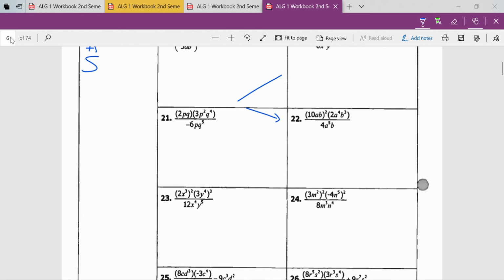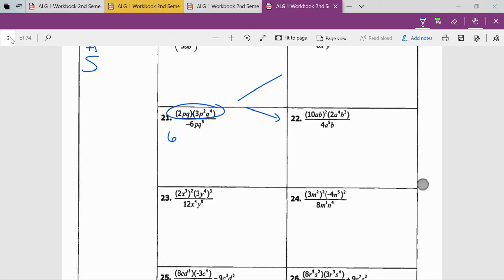So let's start. We're going to do order of operations. There are no exponents outside the parentheses here. So we're going to go straight to the numerator because it's multiplication. We're going to multiply before we divide. They're touching, so this is multiplication. Remember, numbers multiply normal. 2 times 3, 6.